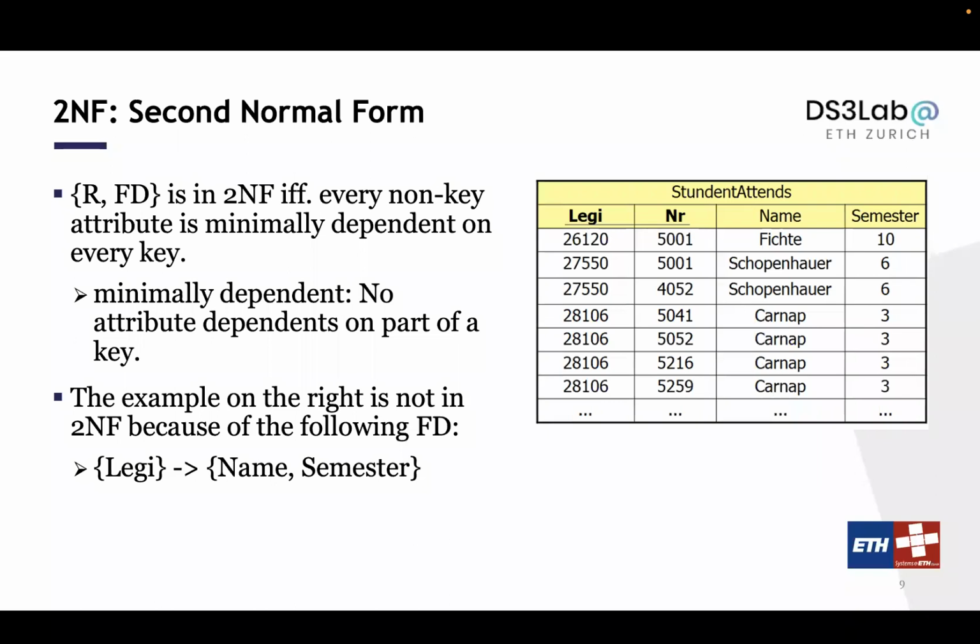By minimally dependent, we mean there doesn't exist another functional dependency that decides this non-key attribute whose left-hand side is a subset of a key. So clearly from this definition, the example on the right-hand side is not in second normal form, because student ID decides name and semester, but the student ID on the left-hand side is only a subset of the key.